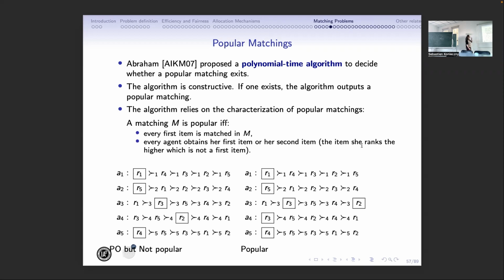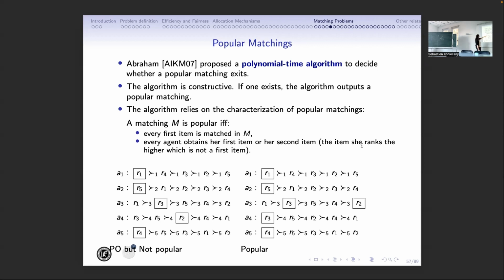There is something that we must be very careful about in this case: a second item is not necessarily an item that is ranked second in the ranking of the agents. In fact, a second item is the item an agent ranks highest which is not a first item.